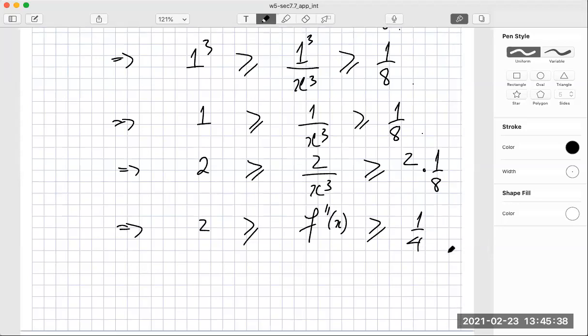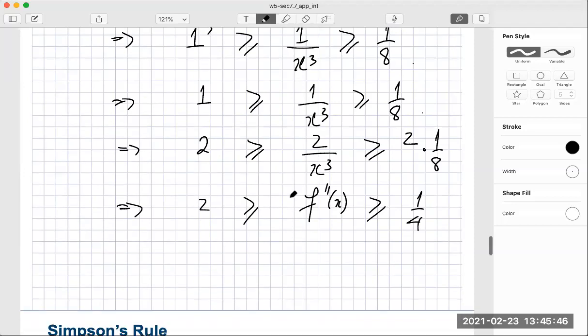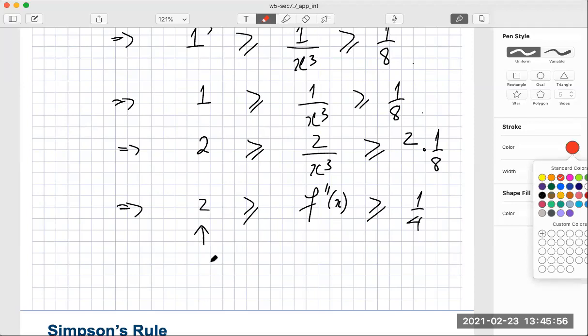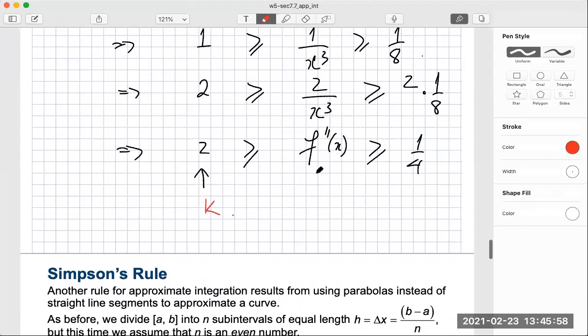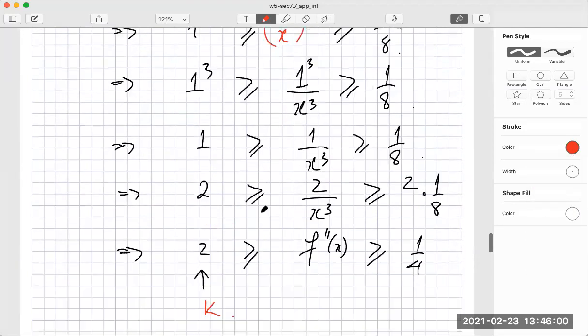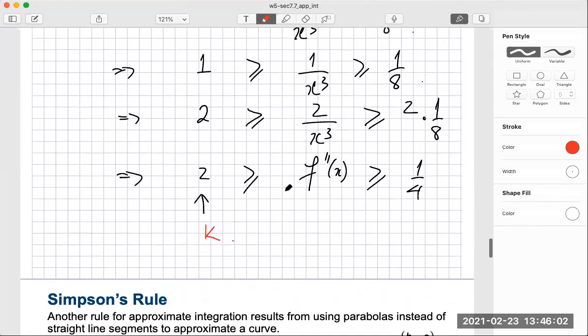Okay, simplify it. So this is how we get that. And what we care about is the upper bound of this second derivative, right? So the number k we are looking for is this one. So for any x between 1 and 2, we always have this. Are you okay with that up to this point?